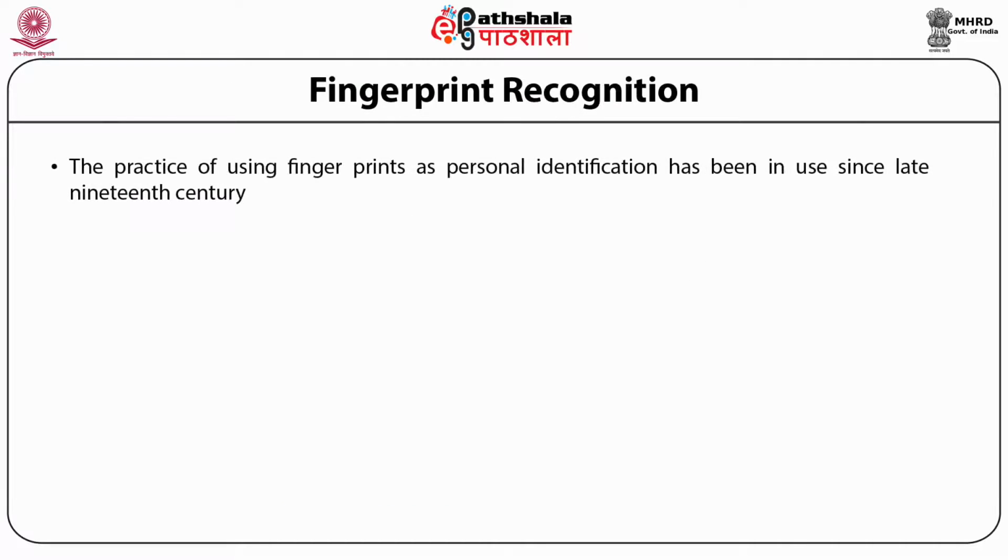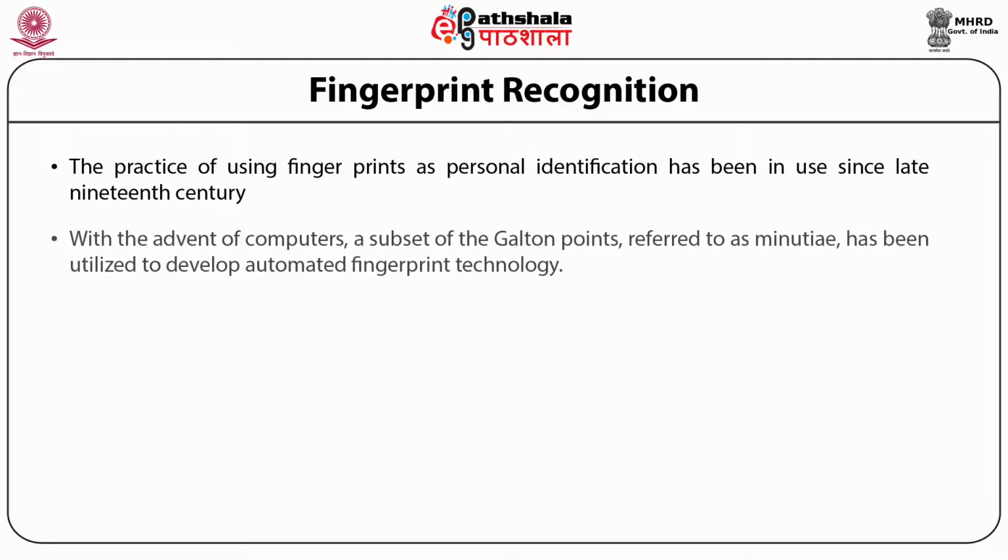The practice of using fingerprints as personal identification has been in use since the late 19th century. With the advent of computers, a subset of the Galton points, referred to as minutiae, has been utilized to develop automated fingerprint technology.